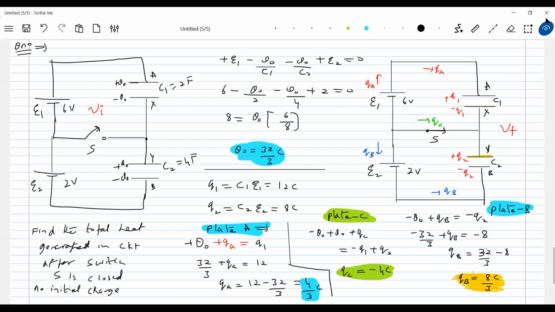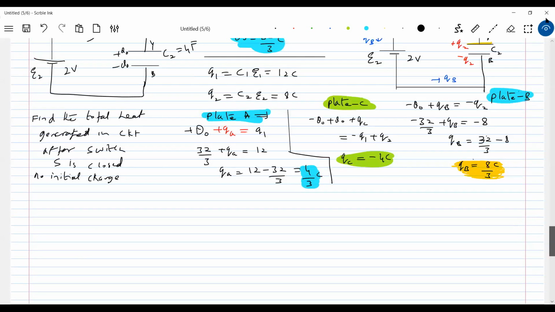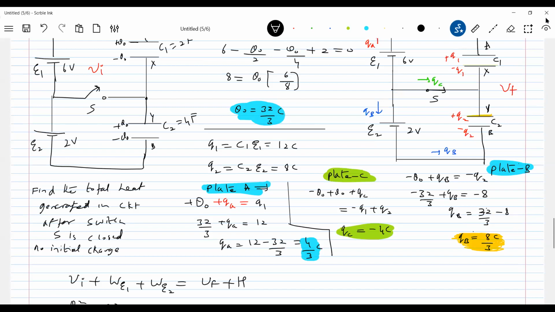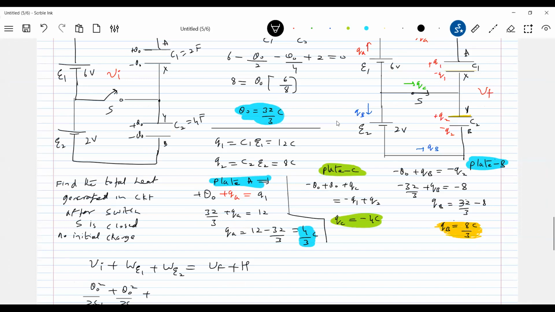Now let's come directly to the heat generated. Work done: initial energy of the circuit plus work done by the cell E1 plus work done by the cell E2 equals UF plus H. This will be Q naught square by 2C1, Q naught square by 2C2 plus... What is the work done by the cell E1? It does positive work, because positive charge is leaving the positive terminal.